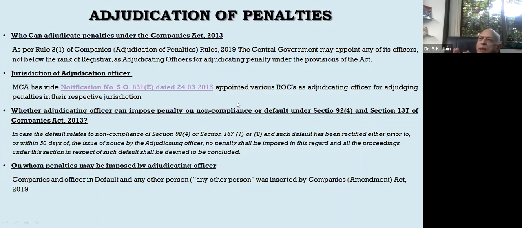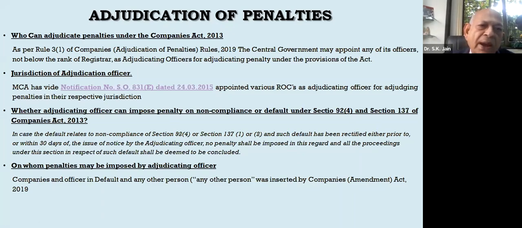So to accelerate the process of decriminalization, the words fine or imprisonment or both have been replaced by the word penalty, and now wherever the word penalty has been used, it goes through the adjudication process.